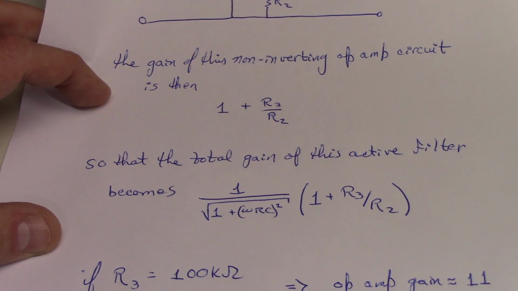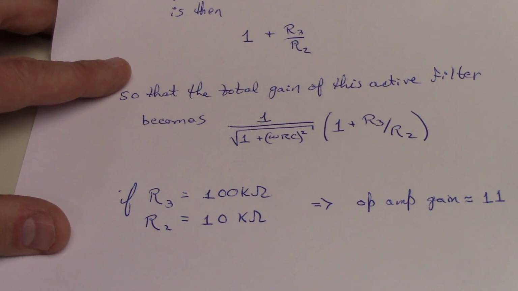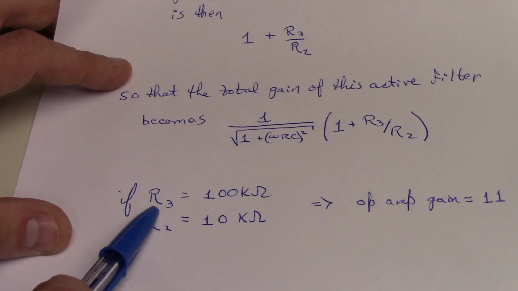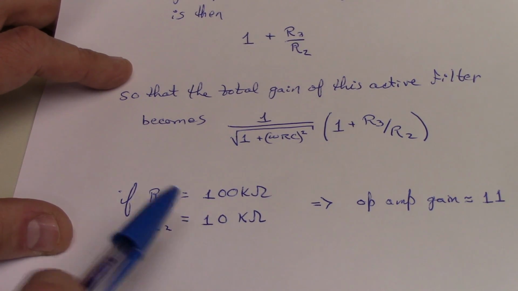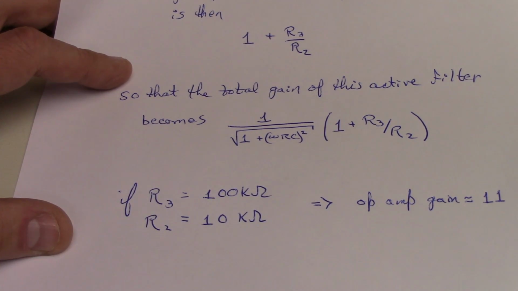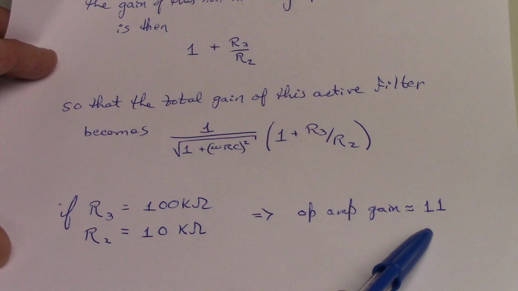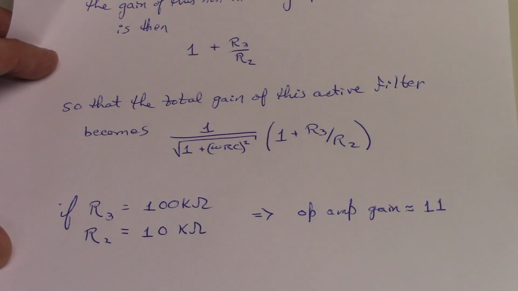And to demonstrate that, we're going to take a resistor R3 to be 100 kiloohms and R2 to be 10 kiloohms, so that the ratio of these two is just 10, and that then will make this 1 plus R3 over R2 an effective 11 gain.